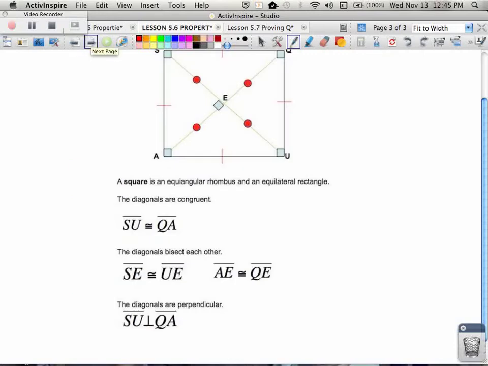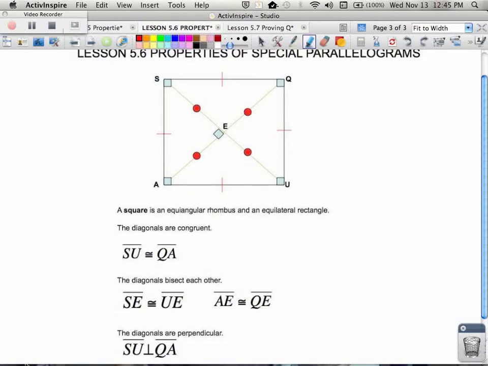The last special parallelogram that we're going to talk about is the square. Again, just like all the other things that we talked about, a square is a parallelogram, but it has some additional features that are special.